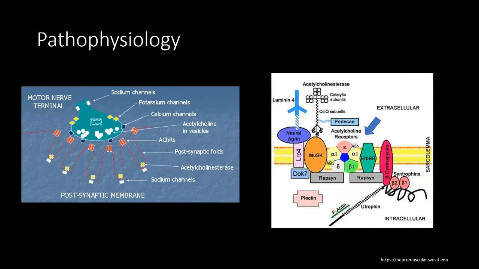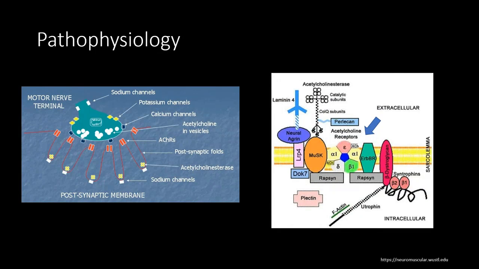Most autoimmune myasthenia gravis is due to IgG1 antibodies directed against the acetylcholine receptor. And these antibodies cause a few effects. There is complement activation, and so there's destruction of the integrity of the neuromuscular junction. There is also cross-linking of the antibodies with one another, and so acetylcholine receptors cross-link abnormally and then are endocytosed.